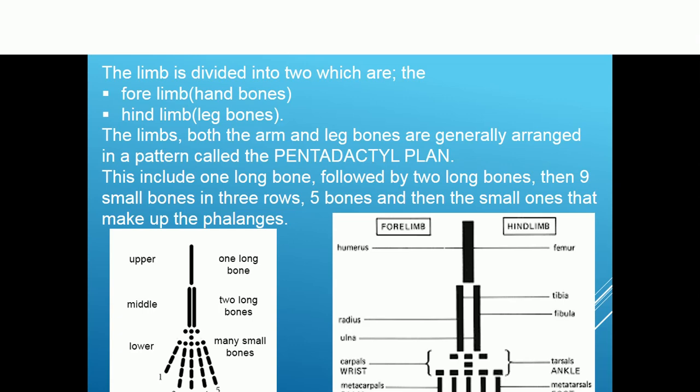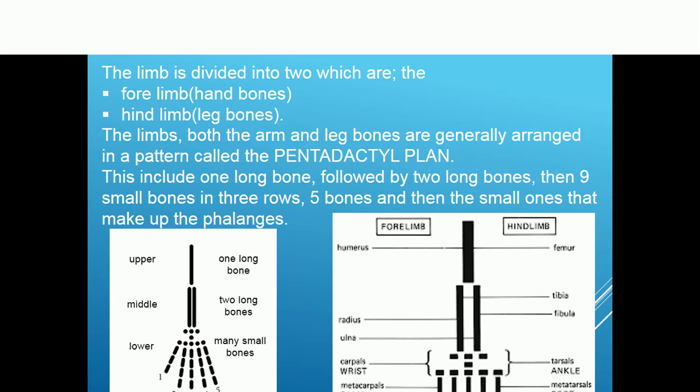Then 9 small bones in 3 rows. For the forelimbs, that is the carpus, also known as the wrist, and in the hind limbs, that is the tarsals or the ankle bones. Then we have another set of 5 bones. For the forelimbs, that is the metacarpus for the palm, and metatarsals for the foot for the hind limbs.